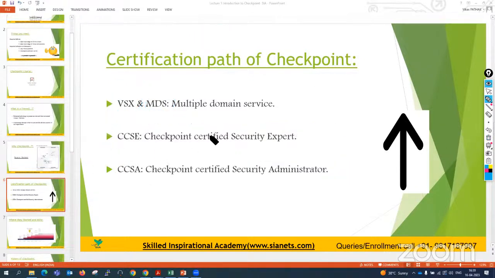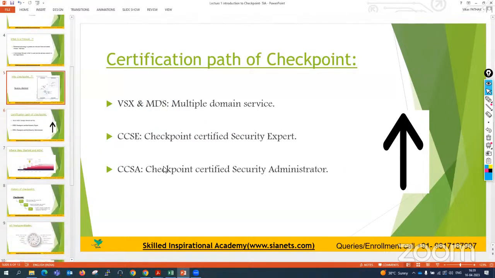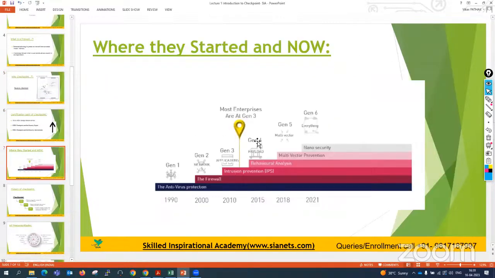All right, now if we move further, this is the path Checkpoint has chosen, basically. They started in 1990 with a solution called antivirus protection.